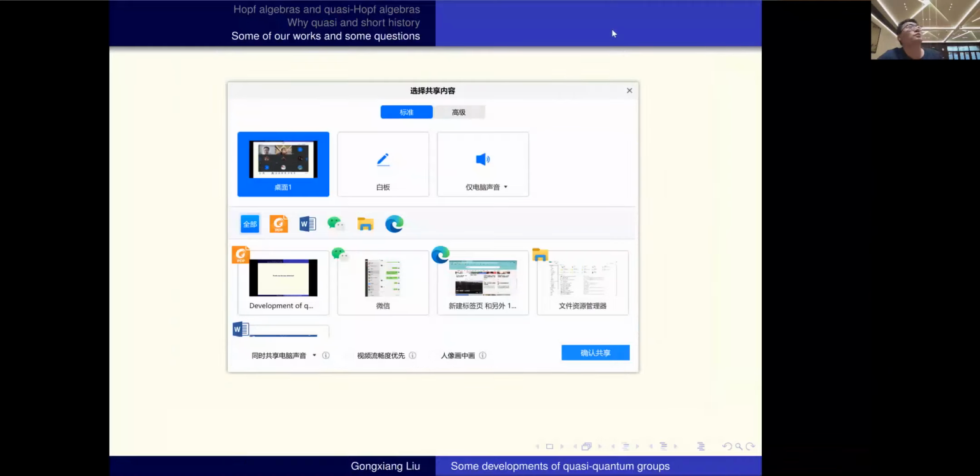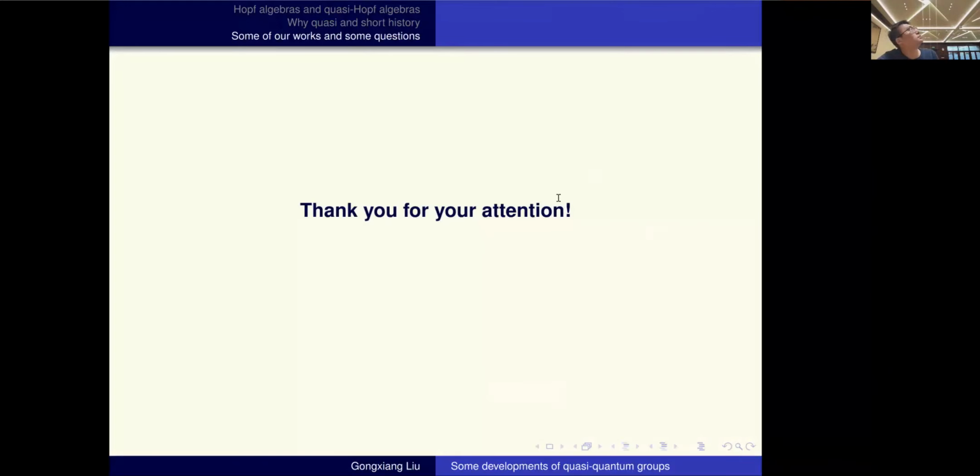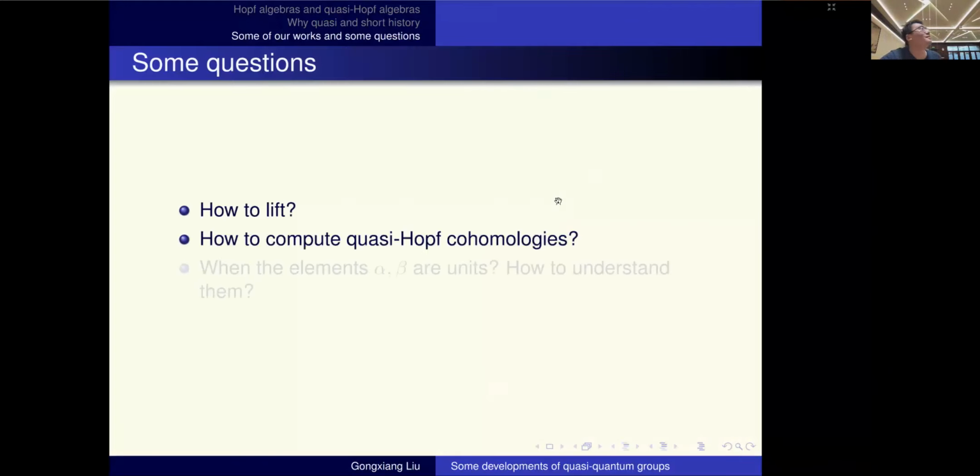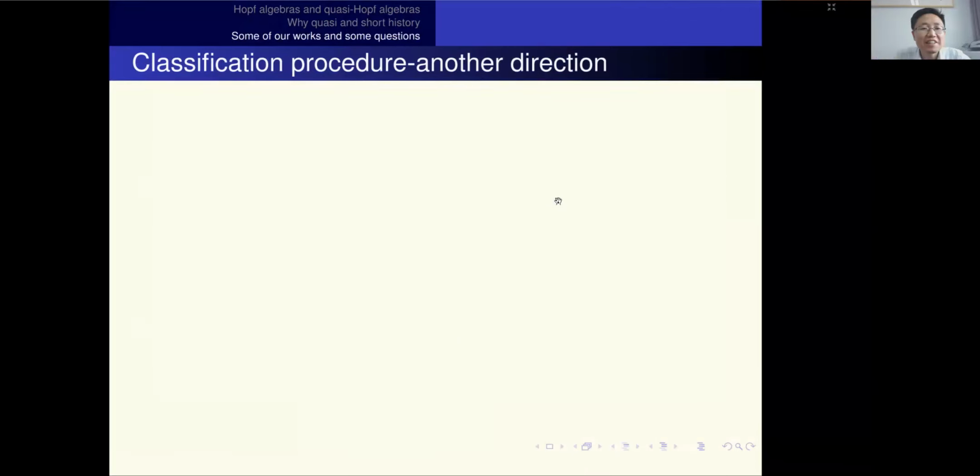I have one question. Can we go back to the slide with the Frobenius-Lusztig kernel part that you talked about, the small quantum group u_q(g)?